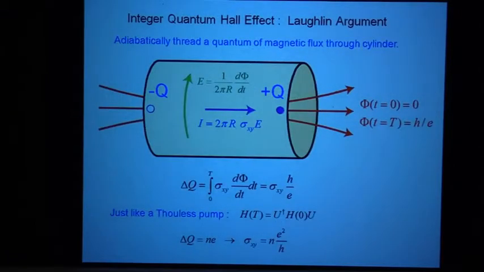Okay. So for the quantum Hall effect, there's this very deep and beautiful argument, which is nice and simple, which originally was due to Bob Laughlin. The idea is the following. Let's imagine that I have a gapped two-dimensional system, and I have in mind thinking of it as the quantum Hall state.